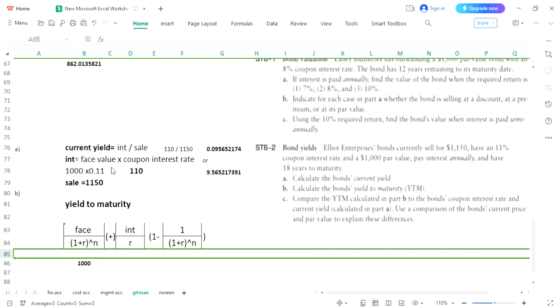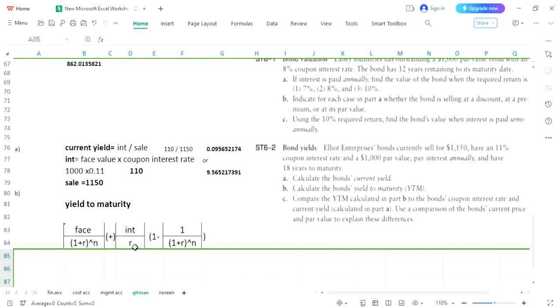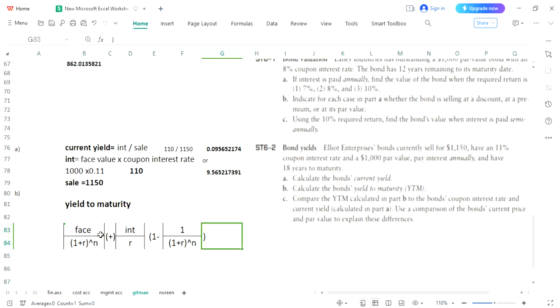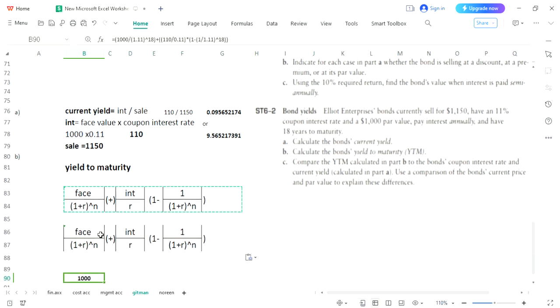Why? Because the formula will not be understood easily without application of this. So I will write everything according to this formula. Okay, so face value was 1000.